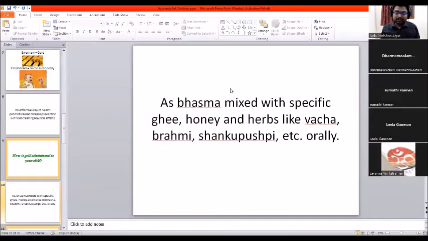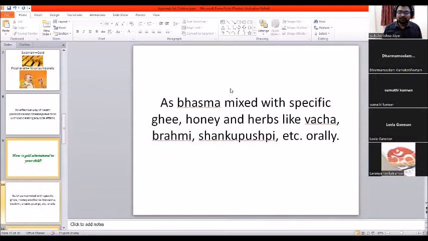In each ghritam, the preparation process differs. There are hundreds of ghees we use in Ayurveda. We have ghees like Vidaryadi ghritam, Saraswata ghritam, Tiktaka ghritam, Mahatiktaka ghritam, Kalyanaka ghritam, Mahakalyanaka ghritam, Chatushpuvalaya ghritam, Brahmi ghritam. We have hundreds and hundreds of ghrithams we use in Ayurveda.